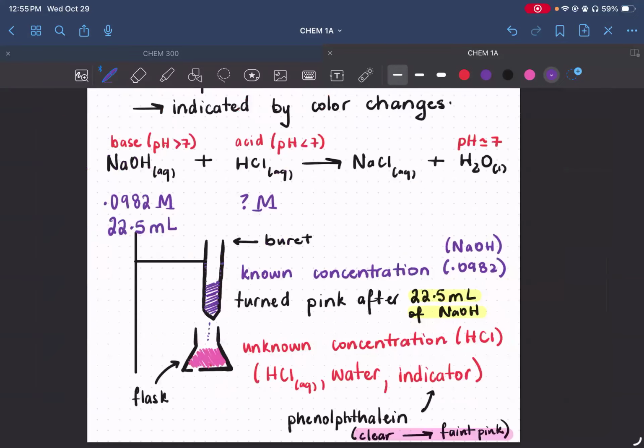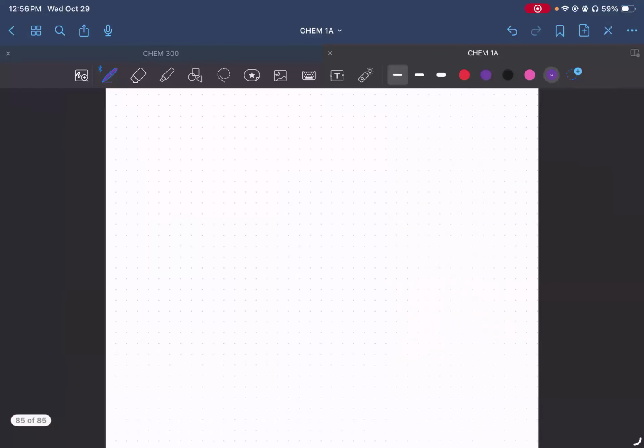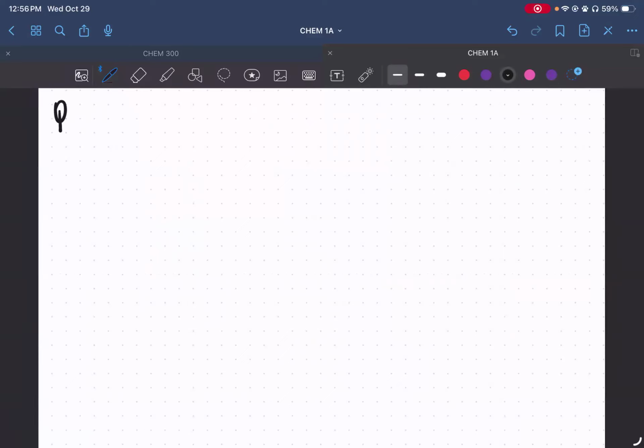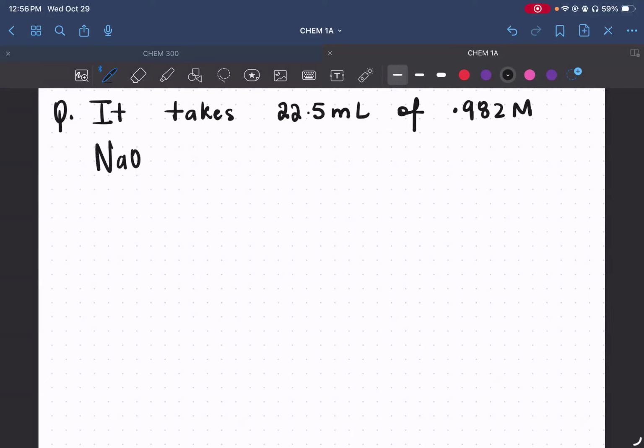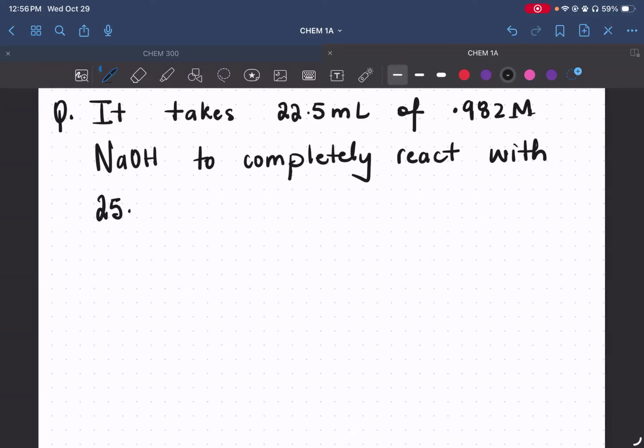In other words, if I were to put this experiment in the form of a question, I would write, it takes 22.5 milliliters of 0.982 molarity sodium hydroxide to completely react with 25 mLs of HCl.